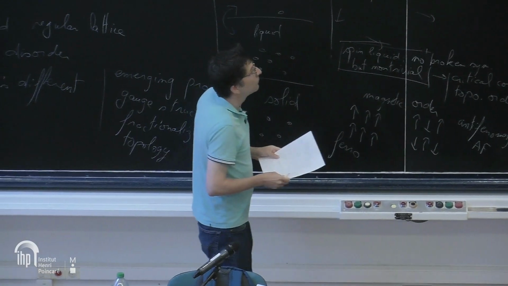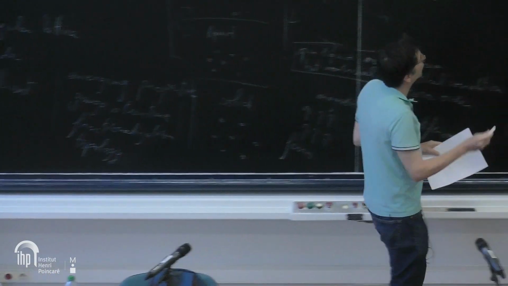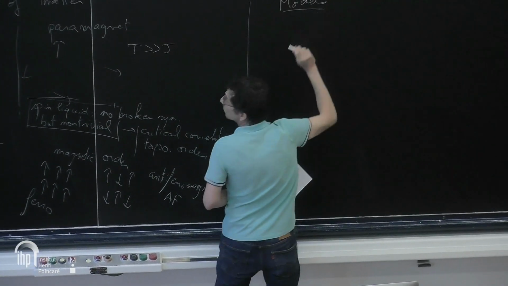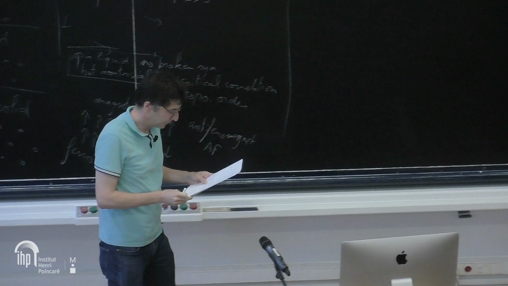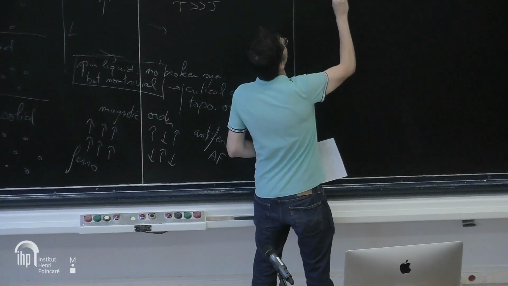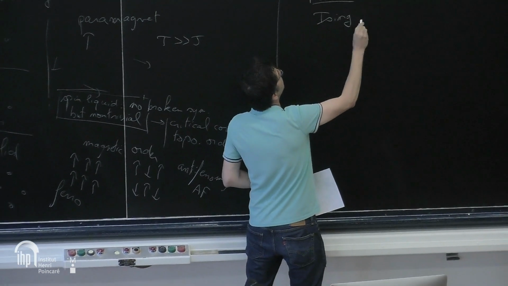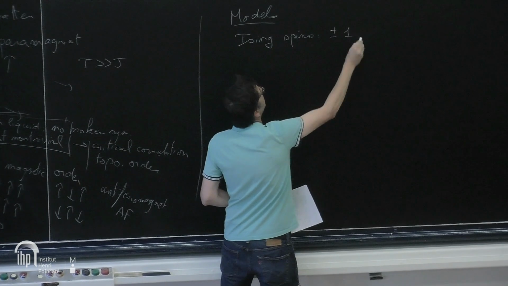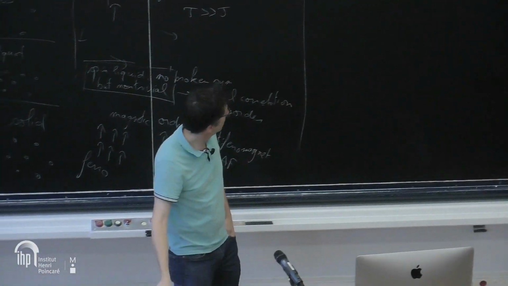Okay, maybe to finish setting up the stage, so what kind of models? This was a big introduction, and then there will be some parts. So the kind of models we are interested in, we'll have Ising spins. So it's simply plus or minus 1, or 0, 1 if you are in quantum information.